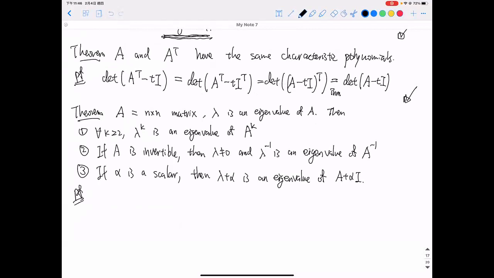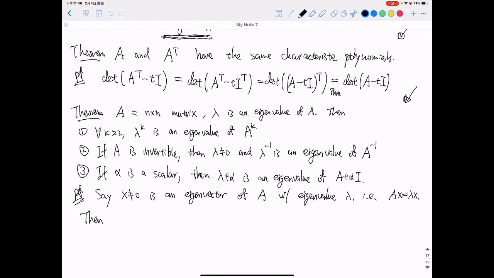All these can be proved by the defining property of eigenvalues. So say x not equal to 0 is an eigenvector of A with eigenvalue lambda, which just means that Ax equals lambda x.